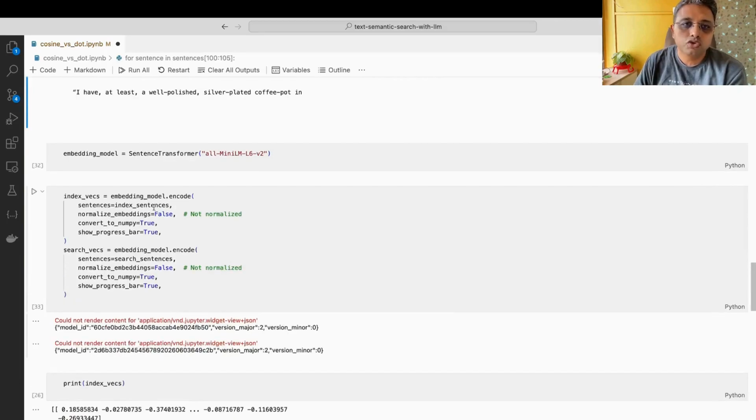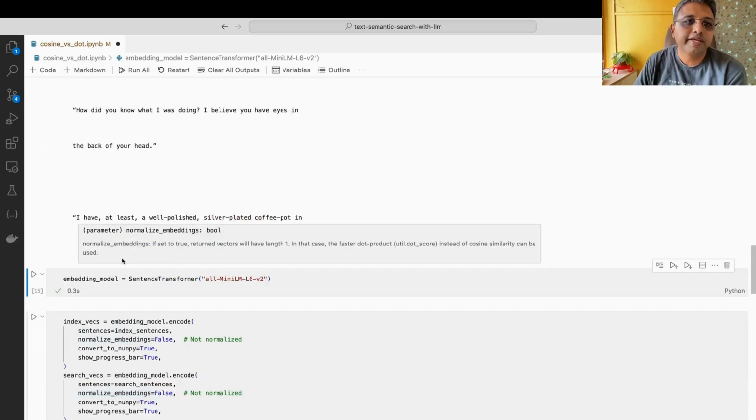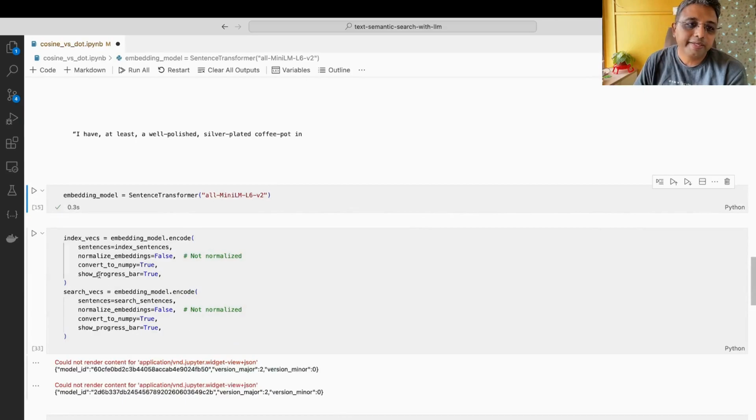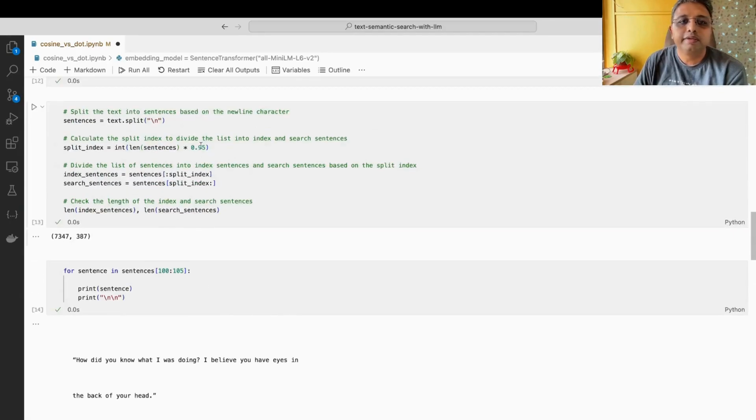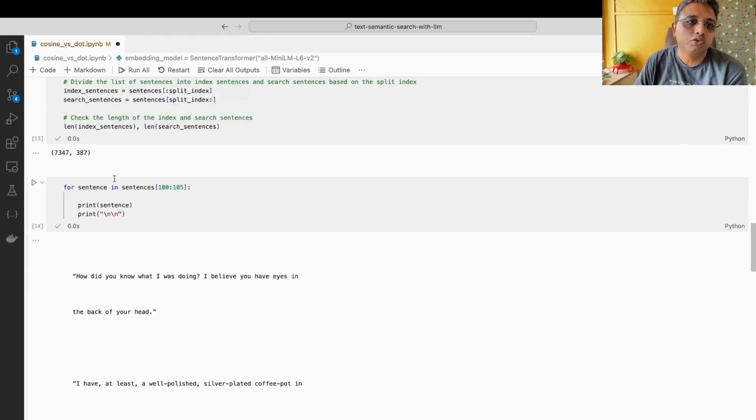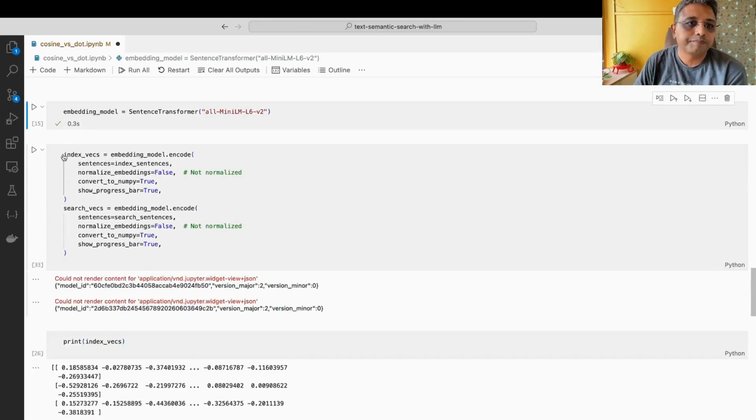Now, as I have shown you previously, we are embedding them. Some of the sentences we are considering as an index and the others as the main vectors. So we have divided the whole book: 5% as the query document, and the remaining 95% as the index and search document, the main corpus.